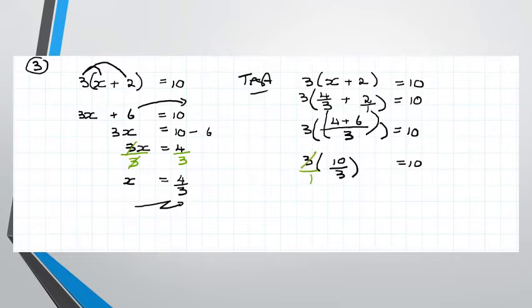So I can say that the 3 and the 3 are going to cancel on the left hand side. So therefore my answer on the left is 10 equals 10. Again, my left hand side indeed equals my right hand side, and therefore I know my answer must be correct.